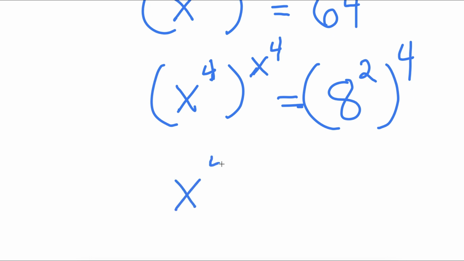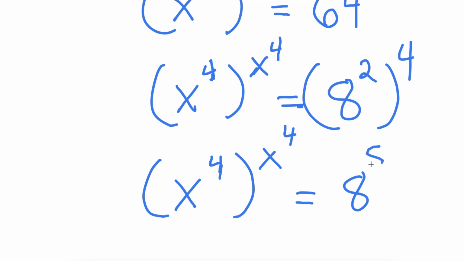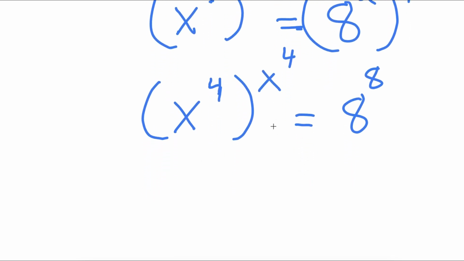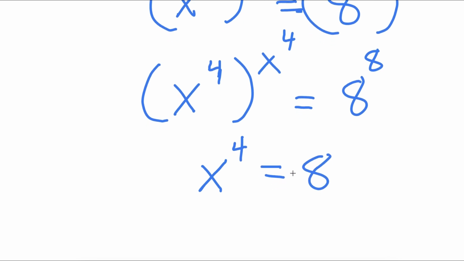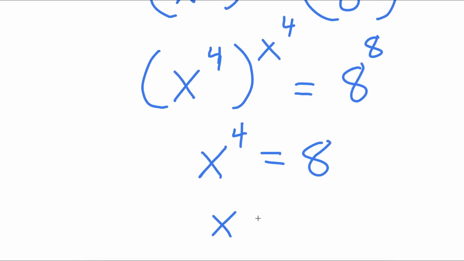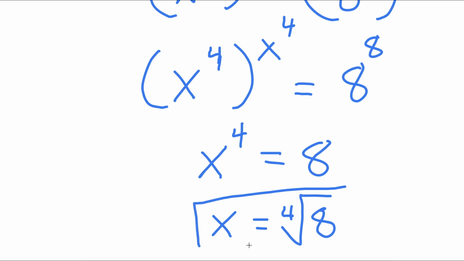So I have x to the power of 4 to the power of x to the power of 4 is equal to 8 to the power of 8. And this means that x to the power of 4 is equal to 8, and x is equal to the fourth root of 8.